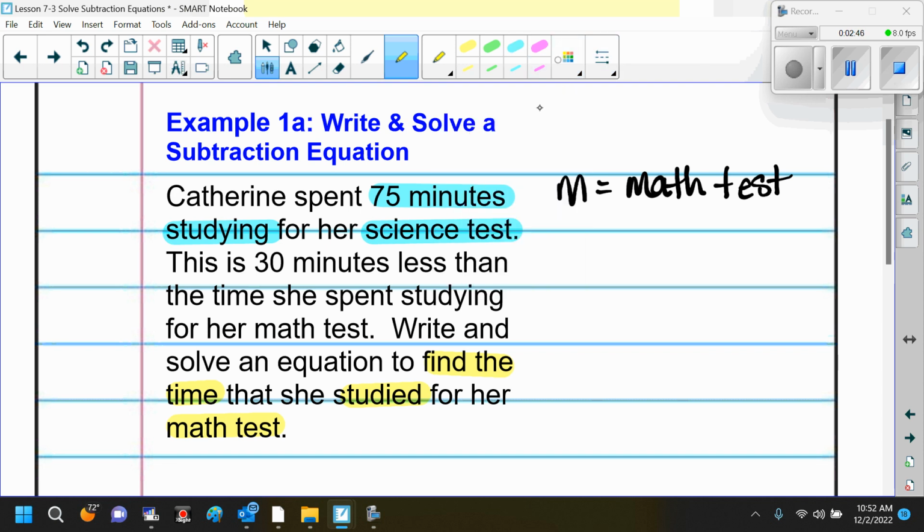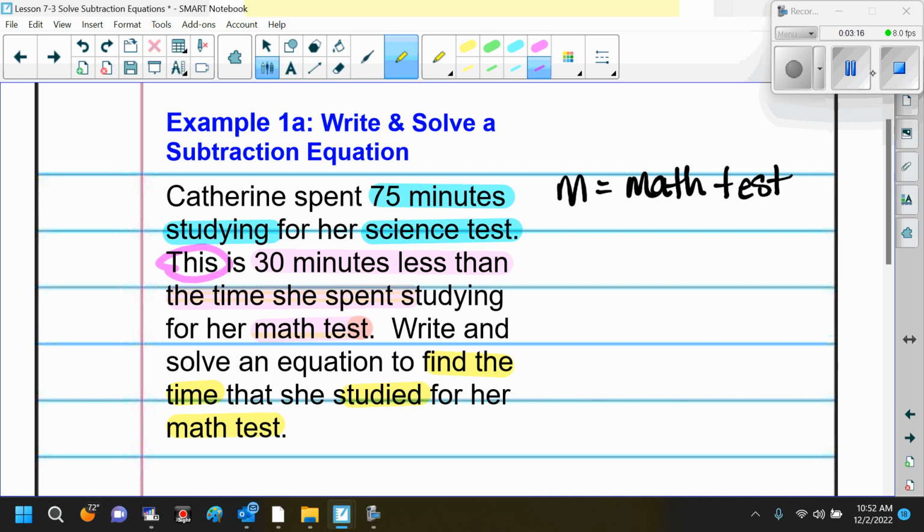So it says that the 75, the time that she spent on her science test, is 30 minutes less than the time she spent studying for her math test. Is everybody clear with that? And when they say this, they're talking about this amount, 75, is 30 minutes less, right?